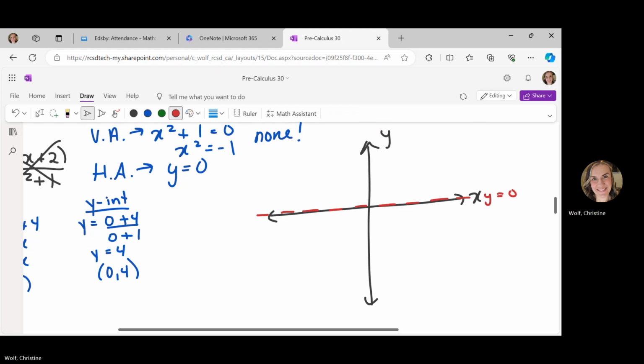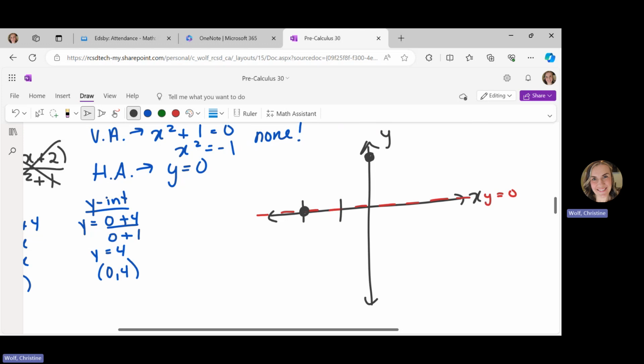So we know some points. We know that I have a y-intercept at 4. What's weird about my x-intercept? It's on the asymptote. That's new. Okay. So we have a 4 up top, my y-intercept. We have a negative 2, my x-intercept.